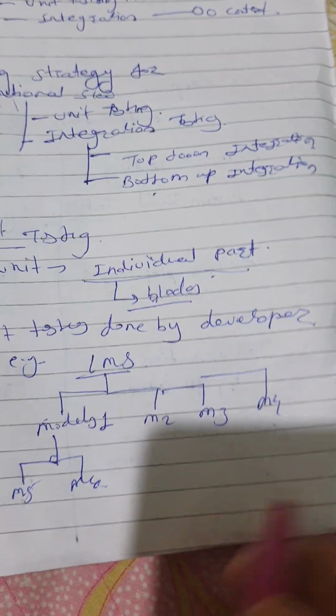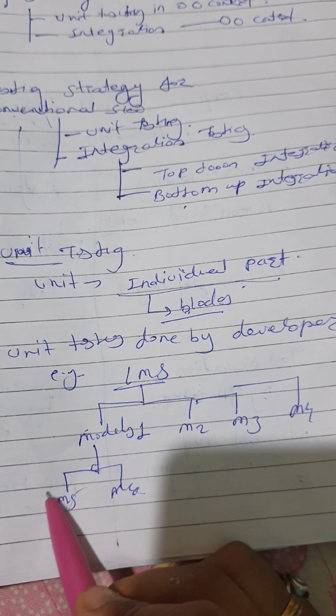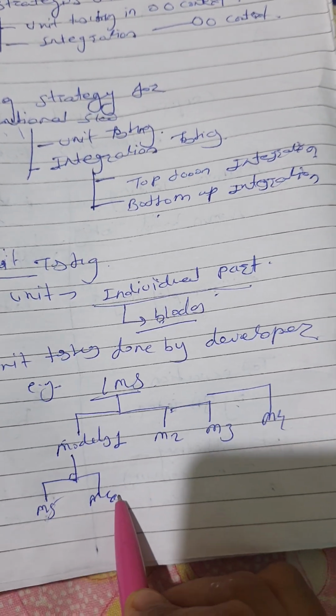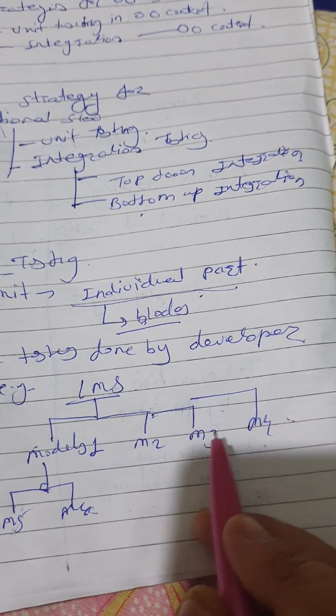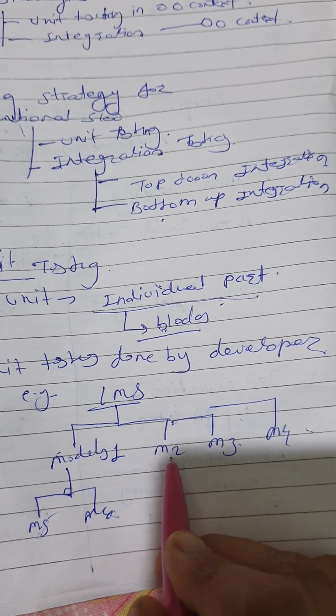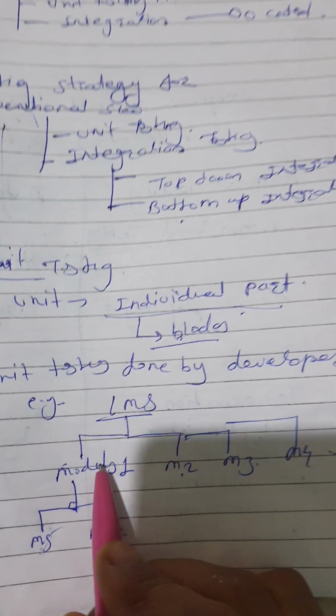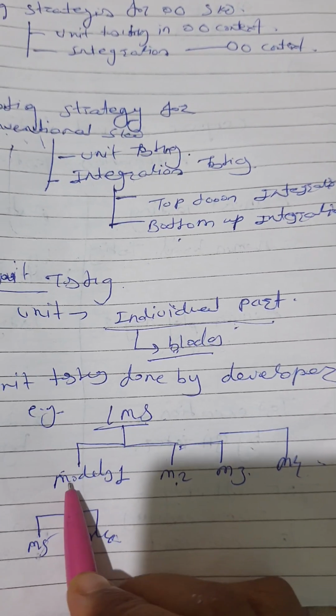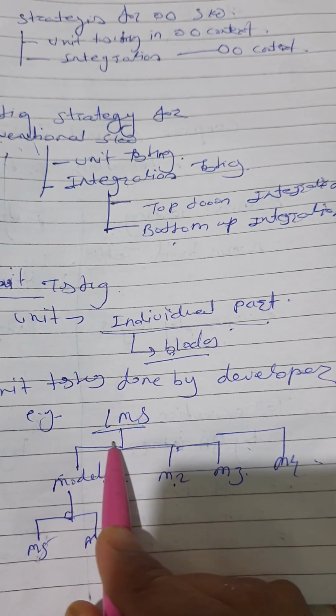So what is a unit? Unit means an individual part. M5 is individual, M6 is individual, M4, M3, M2, and module 1 are also individual. So these are the individual parts of the library management system software.